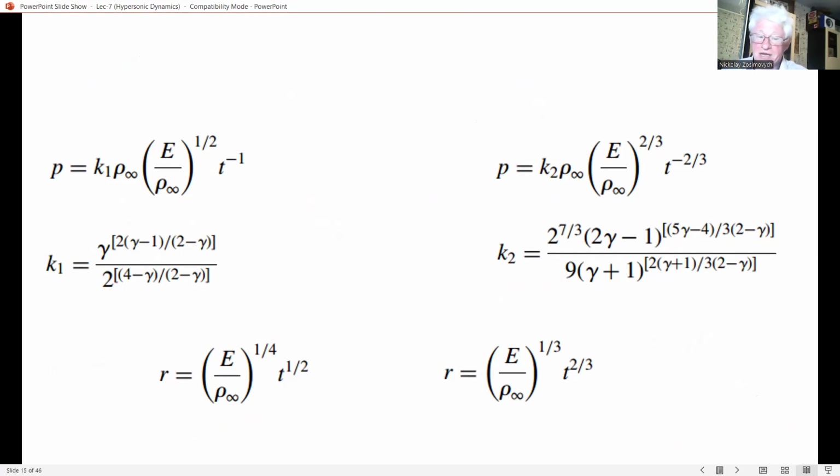From one research publication, we find that for the cylindrical blast wave, we may write the bottom expression: R proportional to E over rho infinity, in parentheses to the power 1 over 4, times the square root of t. And for the planar blast wave, it has the same coefficients but a different power: 1 over 3 instead of 1 over 4, and t to the power 2 over 3 instead of 1 over 2.